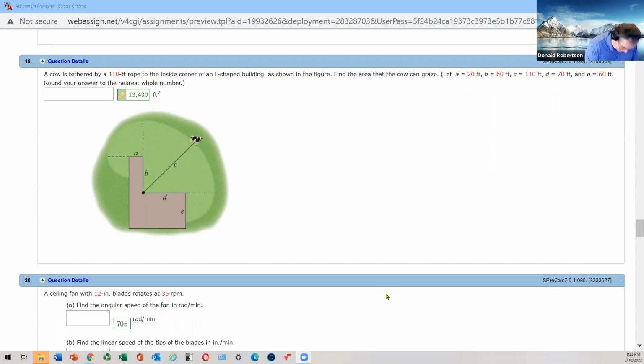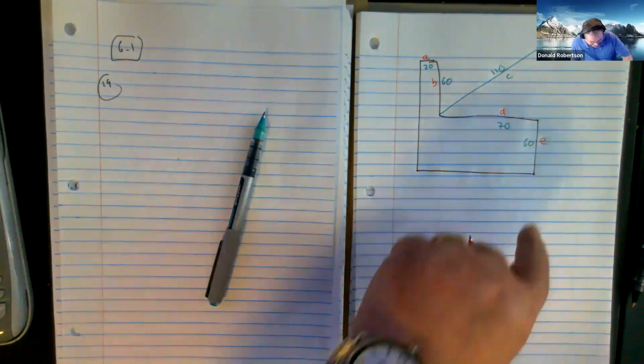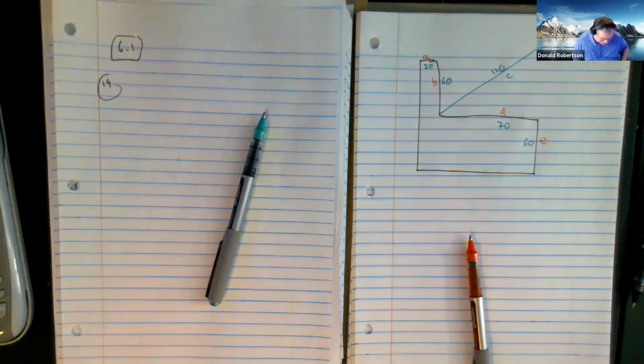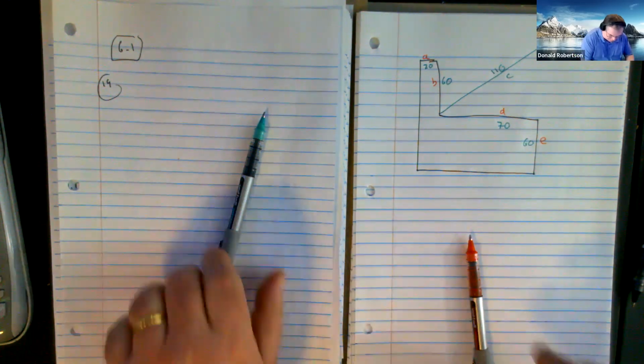And finally, E is 60. Okay. So what we're trying to do here is to find out the total amount of area that gets eaten by the cow. So it's attached to this 110, and we're going to look at what the shape would look like, right?